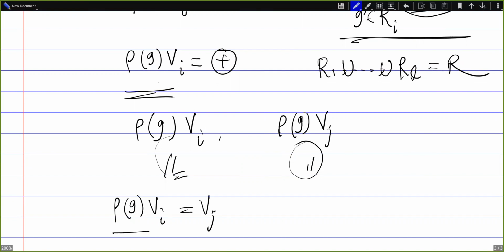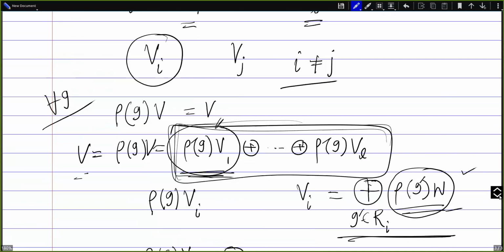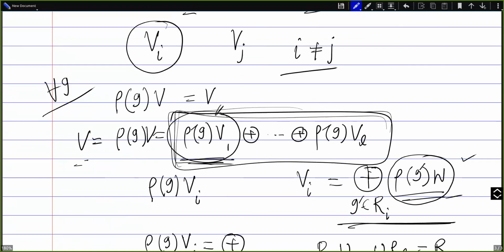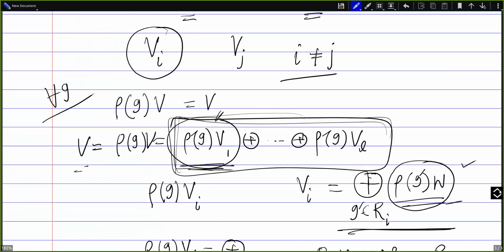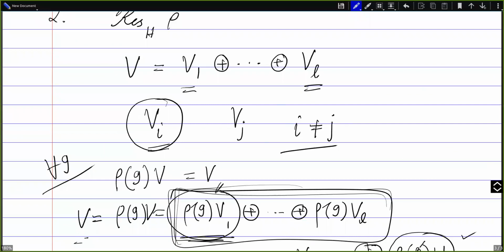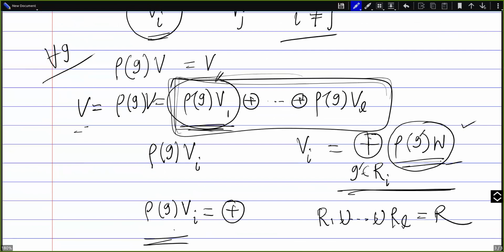Once that is there, we see that the dimension of Vj is the same as the dimension of Vi. And what is the dimension of each Vi? Remember that each Vi is of this form.